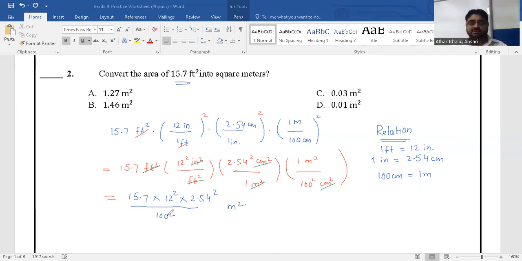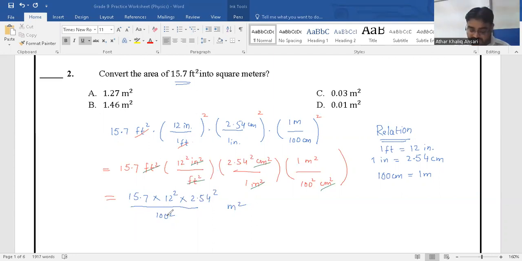Now we will use the calculator. 15.7 times 12 squared, that is 144, but we will keep it as it is, times 2.54 squared, equal to, and let us divide by 100 squared, which is 10,000.